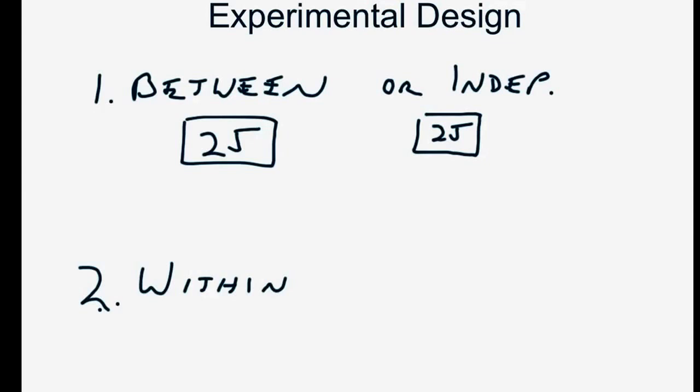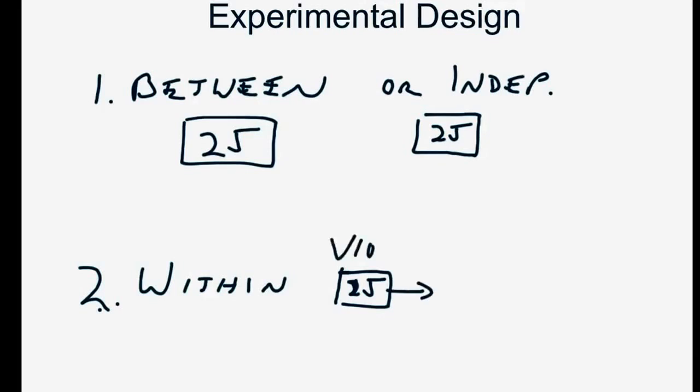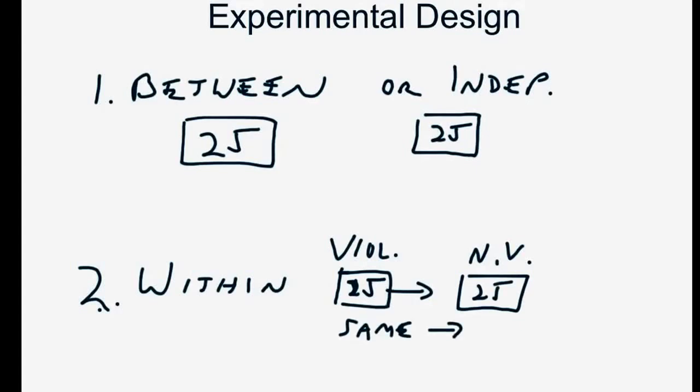In a within groups design, we have a group of 25 children who first watch a violent movie and then they watch a non-violent movie. Same 25, okay? Same individuals participated in both levels of the independent variable.